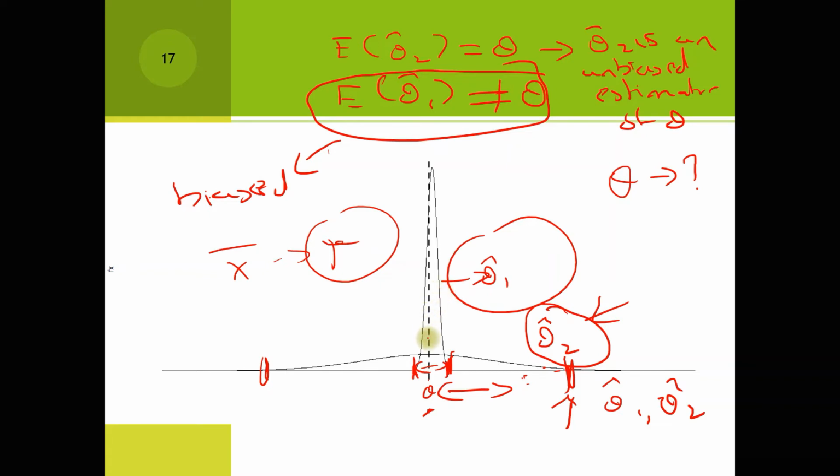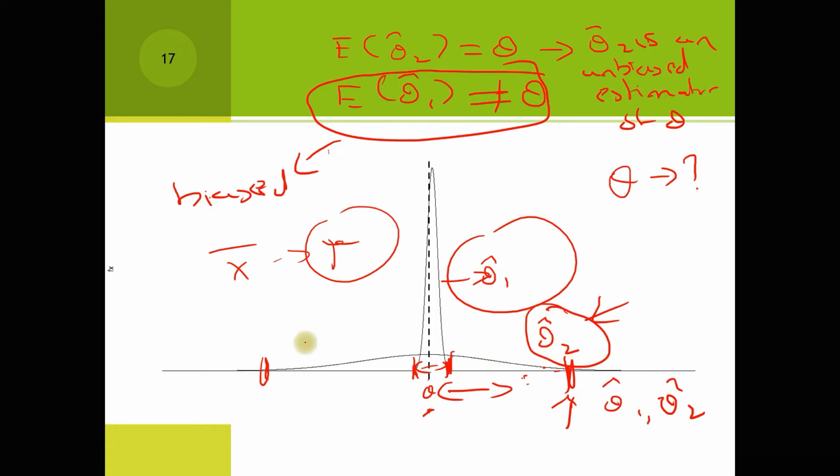But here, in this particular context, because the variance is very small and very close to theta, I would prefer to choose theta cap 1. But you have to be careful. If I get the same kind of situation where the variance is very small but it is very far from theta, obviously I'm not going to use this one. Let's take another example.